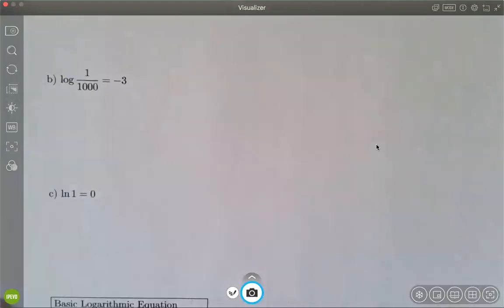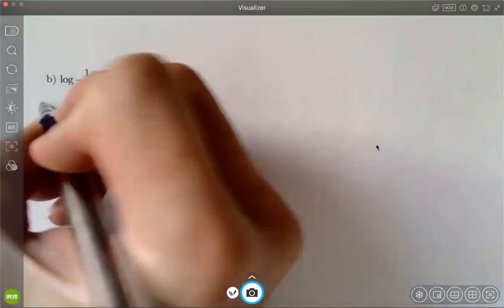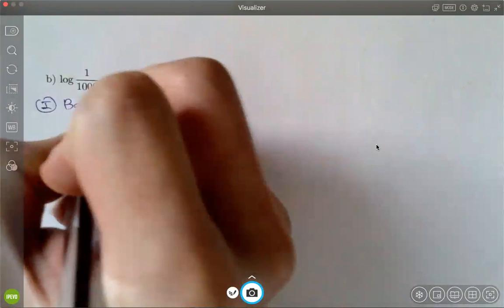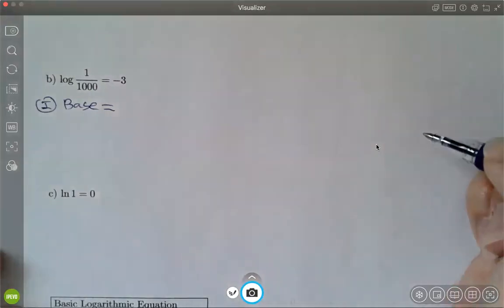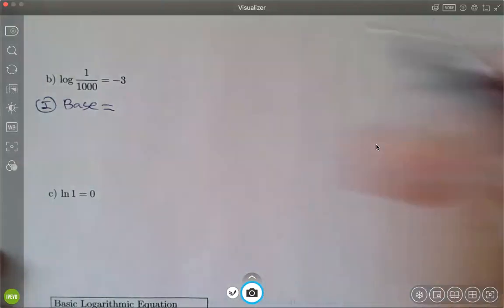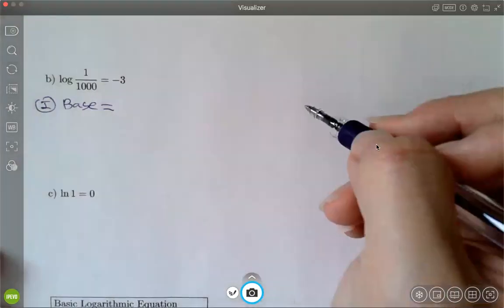We first identify the base, right? Now here, is the base equal to 1000? No, the base is missing, right? Does that mean we are in trouble? What is the base here?